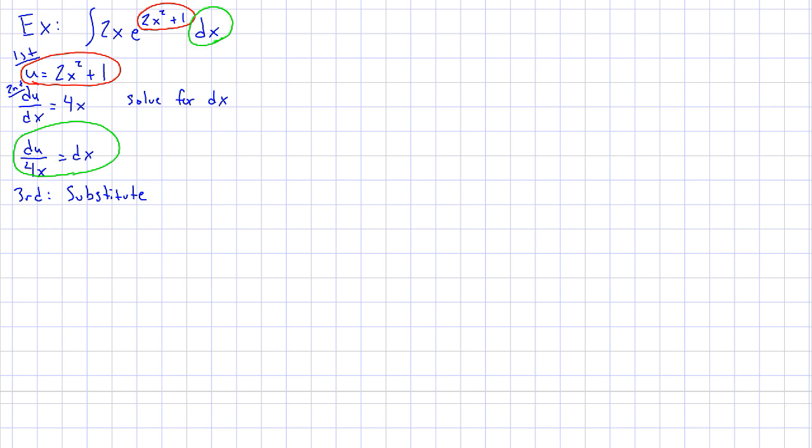So once I do those two substitutions, I end up with 2x e to the u times du over 4x. And this is what I was saying, that you have to have the same number of x's. When I get to the fourth step and I cancel my x's, I have 2x e to the u times du over 4x.